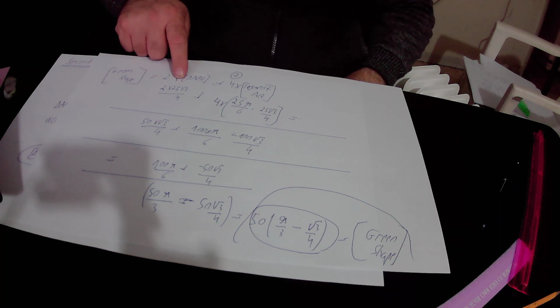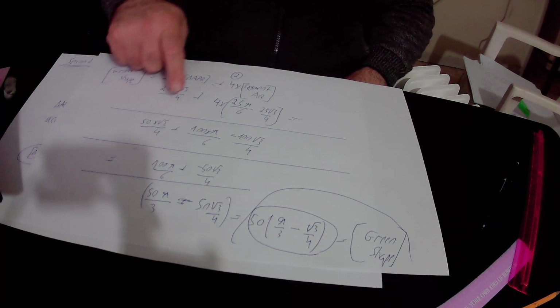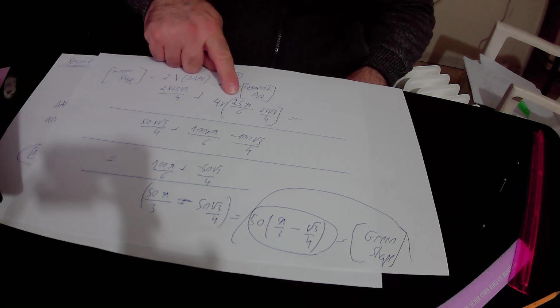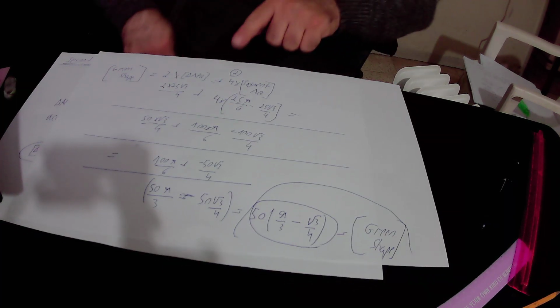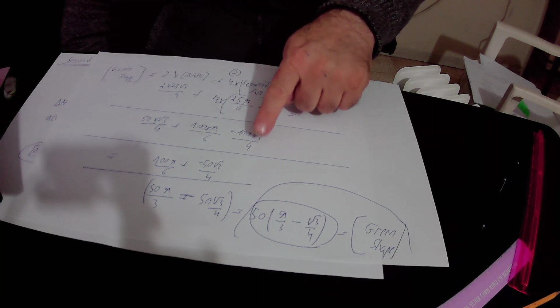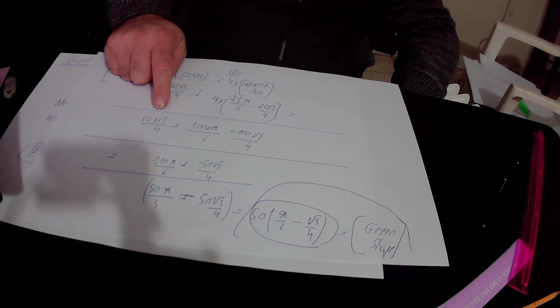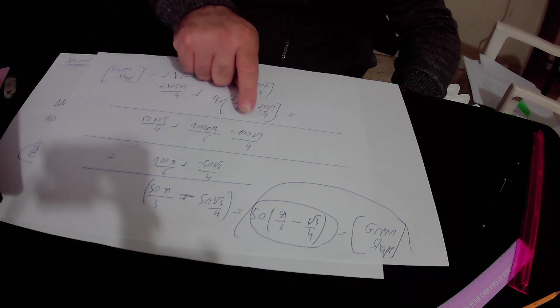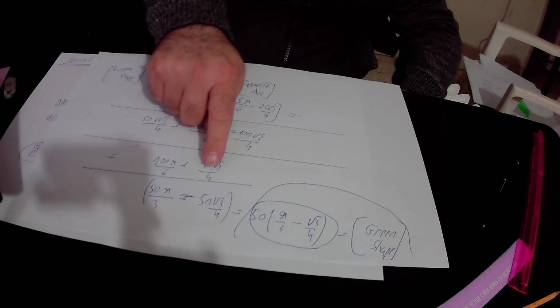So here 2 times 25 is 50, so we got 50 times square root of 3 over 4. And 4 times 25 is 100, so this expression equals 100 times pi over 6 minus 4 times 25, which is minus 100 times square root of 3 over 4. So we have 50 times square root of 3 over 4 minus 100 times square root of 3 over 4. That is to say, it equals minus 50 times square root of 3 over 4.